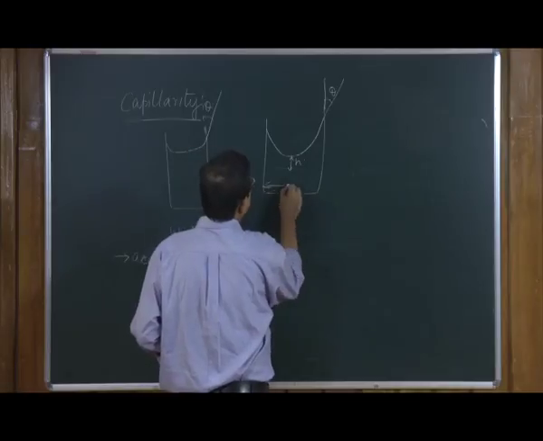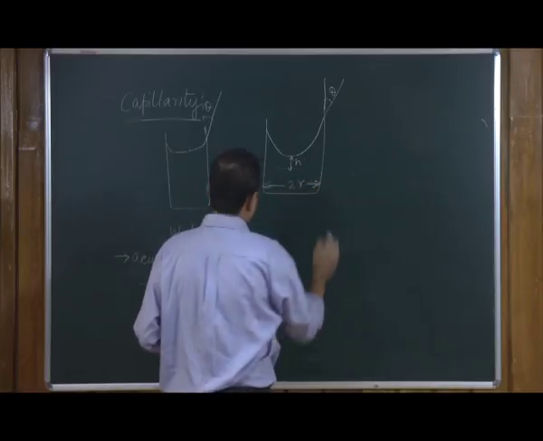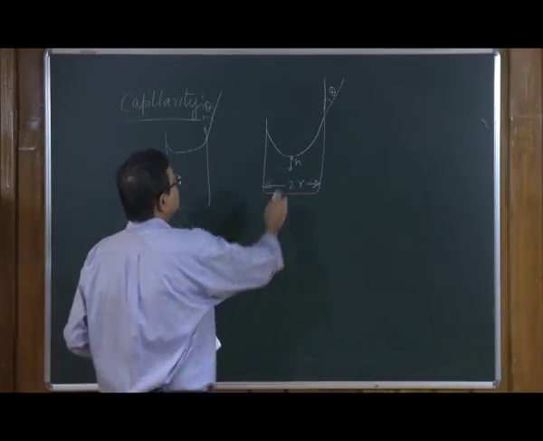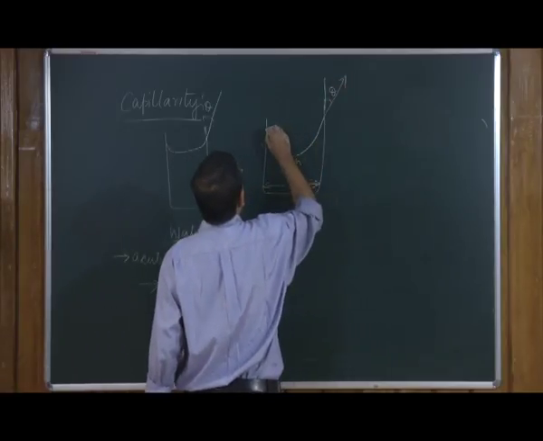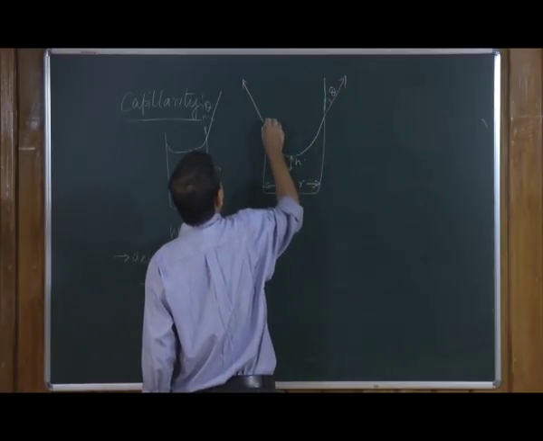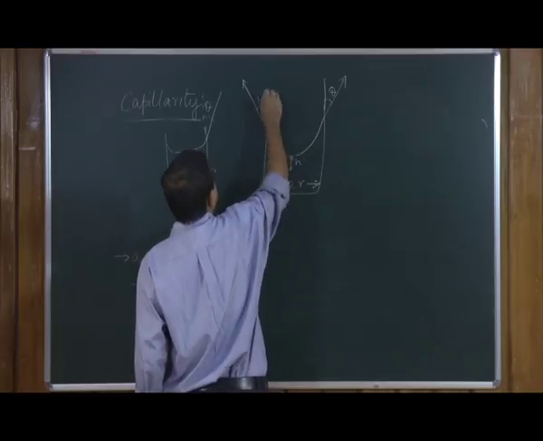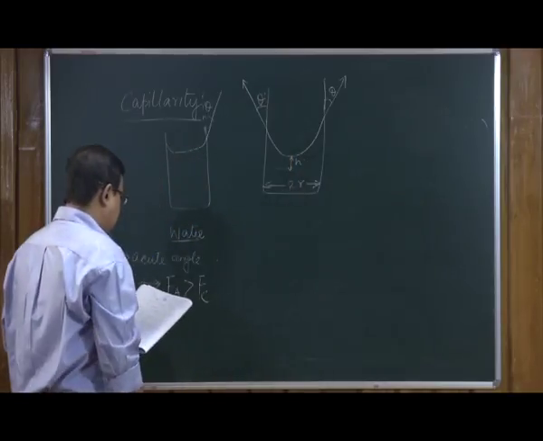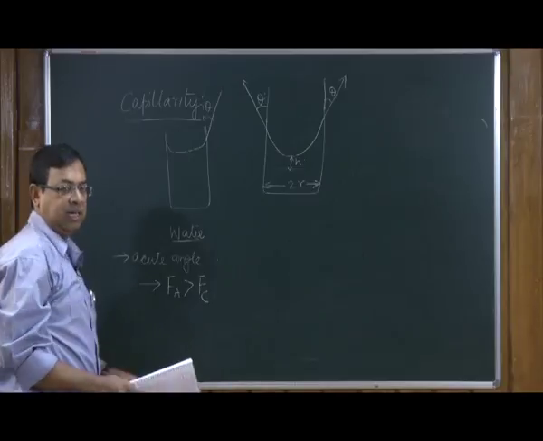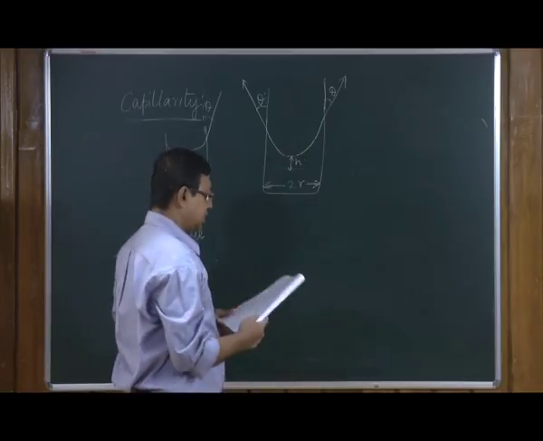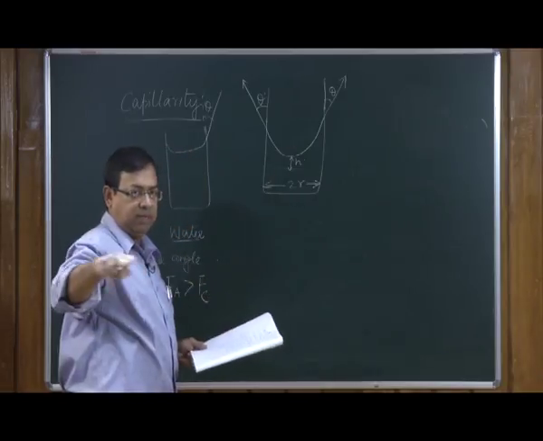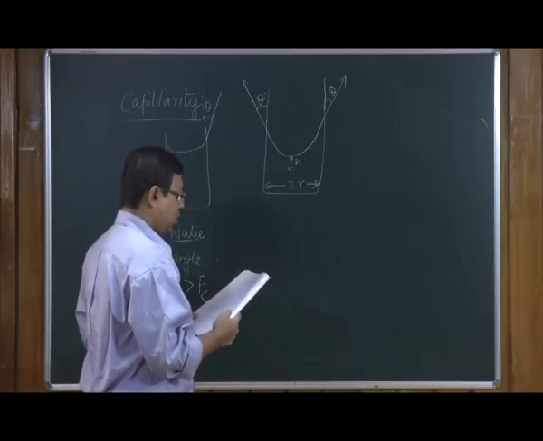This has 2r as the distance. This is s and this is s, and this also is angle theta. We want to calculate the height that the liquid column rises from the horizontal level.